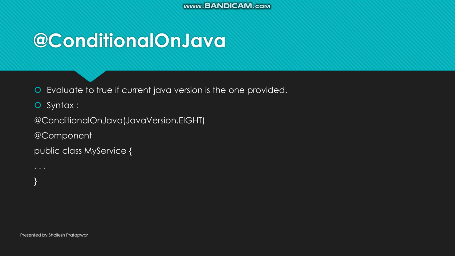ConditionalOnJava. This will evaluate to true if the current Java version is the one which is provided as an argument to this annotation. Example, @ConditionalOnJava, and it is expecting that the Java version should be 8. If the currently running Java version is 8, then this annotation will evaluate to true.